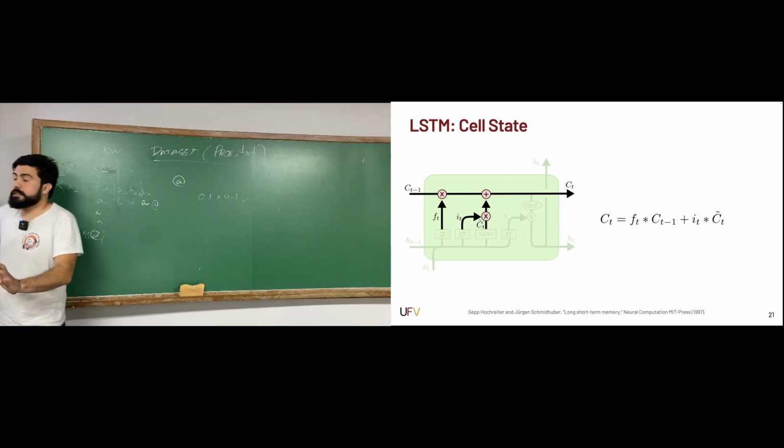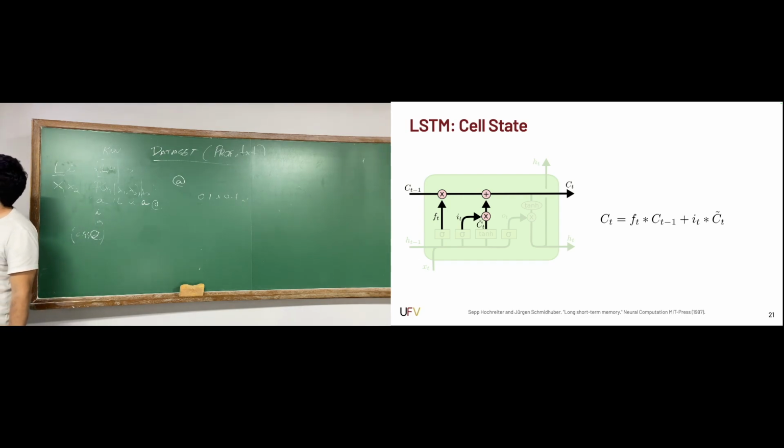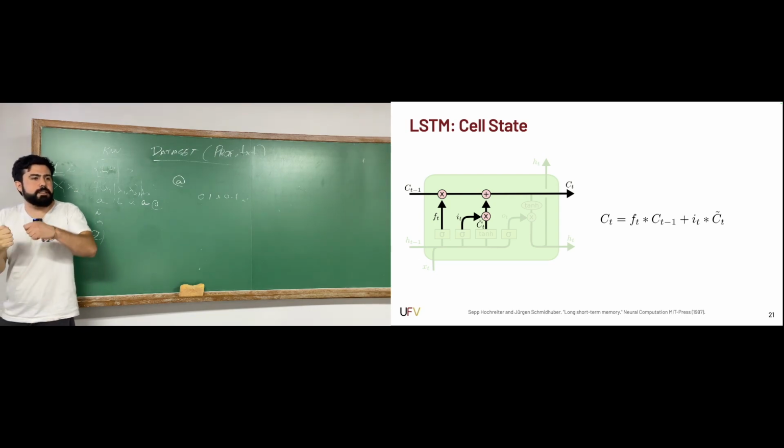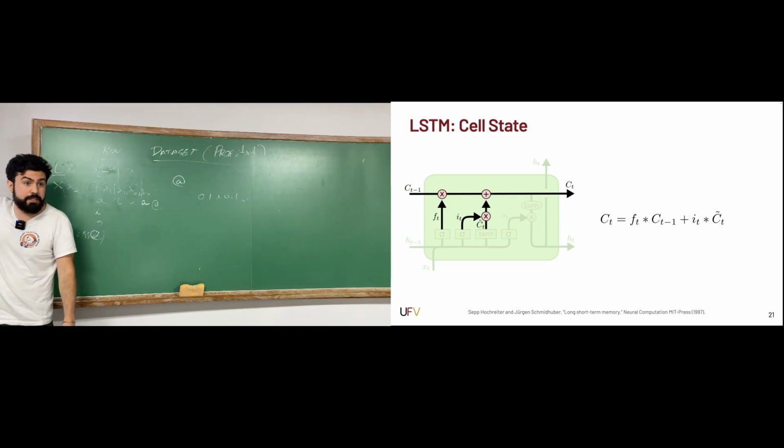So think about this. This is a weighted sum, okay? My new state is a combination of what I want to forget from the previous state, f_t times C_{t-1}, plus what I want to include from my candidate. These values go from 0 to 1, so they are weights.